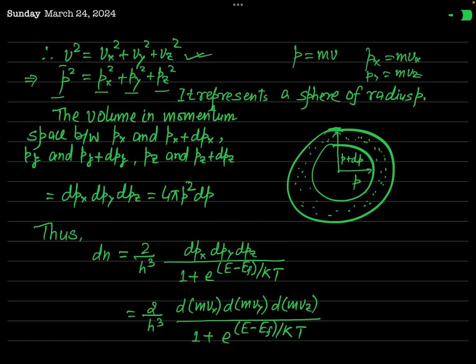This p square equal to px square plus py square plus pz square actually represents a sphere of radius p, because you know the equation of a sphere is x square plus y square plus z square equal to r square. So in momentum space there will be a sphere whose radius is p, and the equation of that sphere will be p square equal to px square plus py square plus pz square. So I have mentioned here that it represents a sphere of radius p.